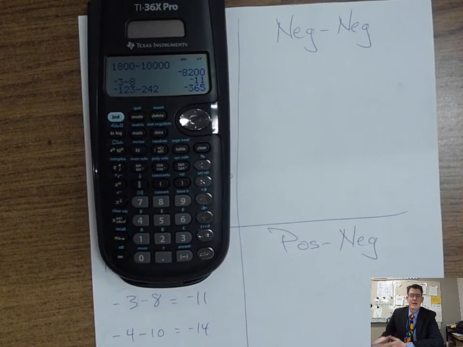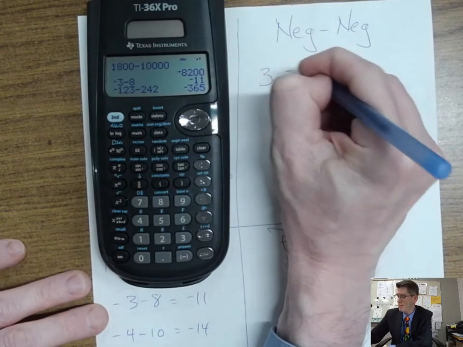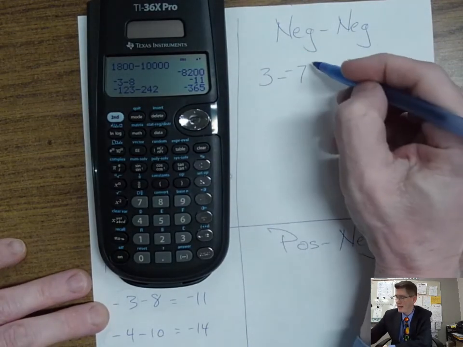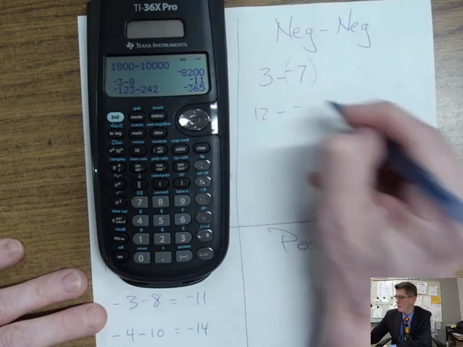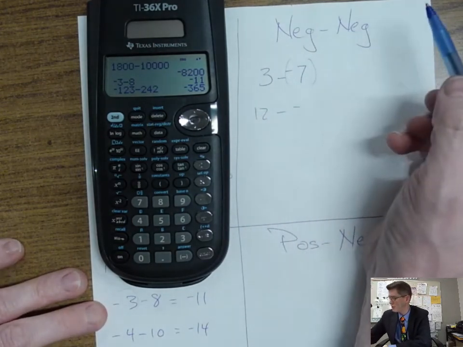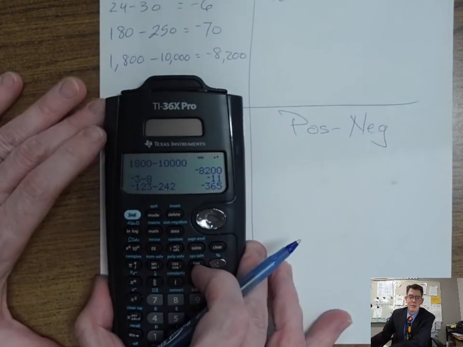Okay, here's the fun ones. Here's the ones I like when you're subtracting a negative number off. So 3 minus a -7. And like I've told you so often, you'll see it written in parentheses. 12 minus a negative. Oh, I said I was going to do a negative, huh? I'll get to those. Let me come down here.